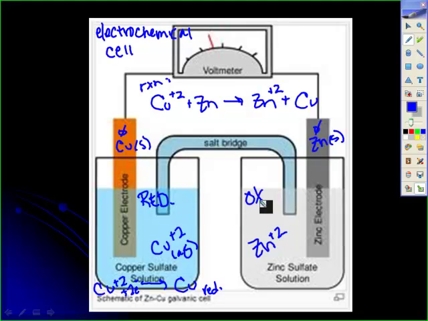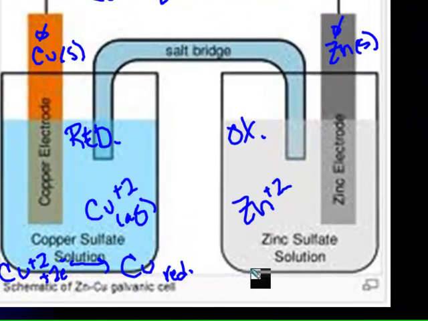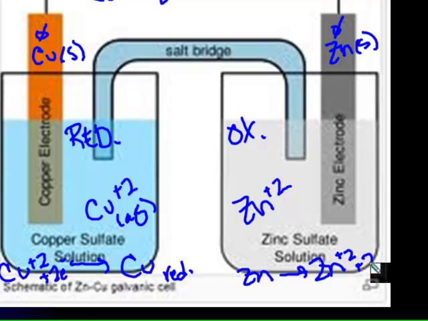So over here we must have oxidation, so we're going to have Zn becoming Zn +2, and then freeing up 2 electrons. So that's the same number of electrons, which is wonderful in this simple example to show that the electrons are being freed.